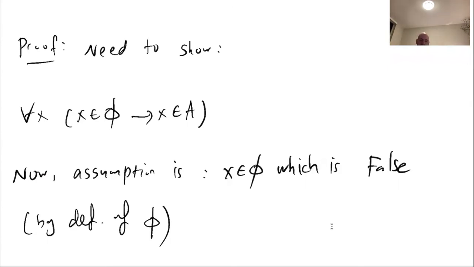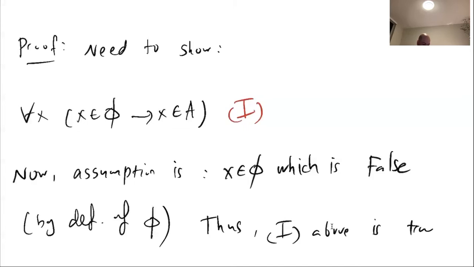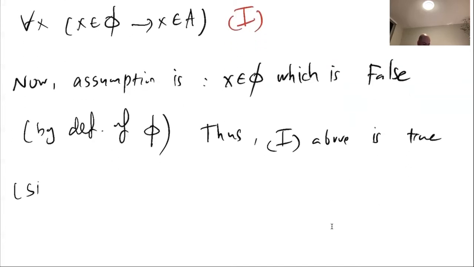And we know that false implies anything is always true, right? Let me call this one star, or 1. Thus 1 above is true, since false implies any statement, basically.